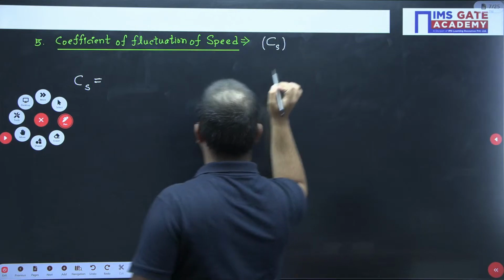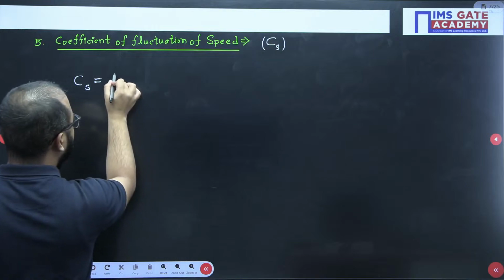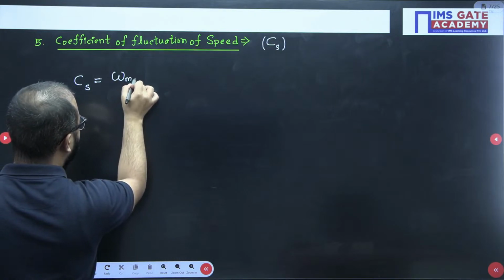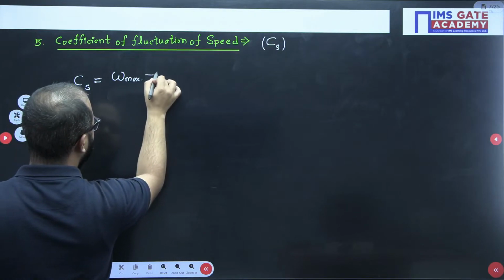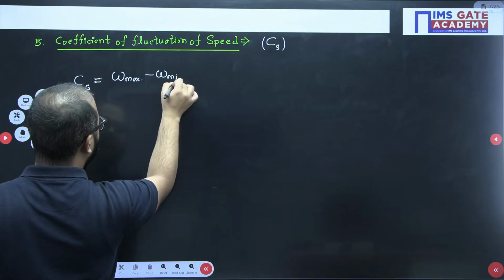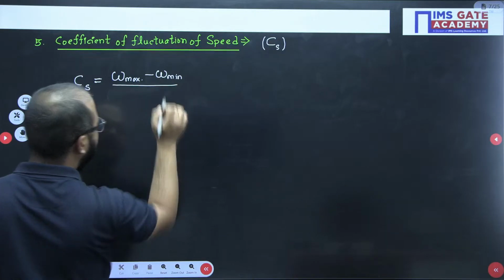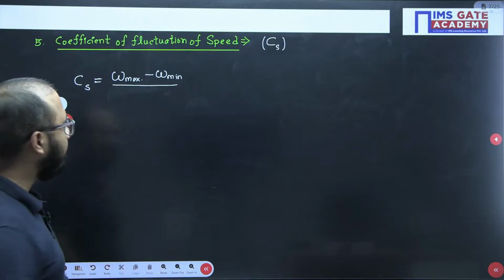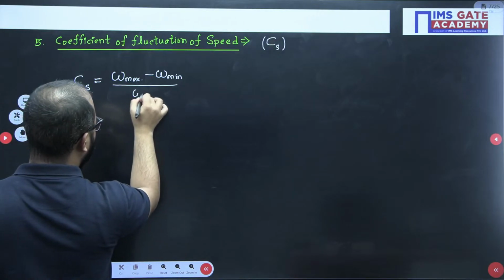Now how to calculate this value? It is equal to the maximum value of omega minus omega minimum, so maximum minus minimum value, that is the range, divided by the omega average.